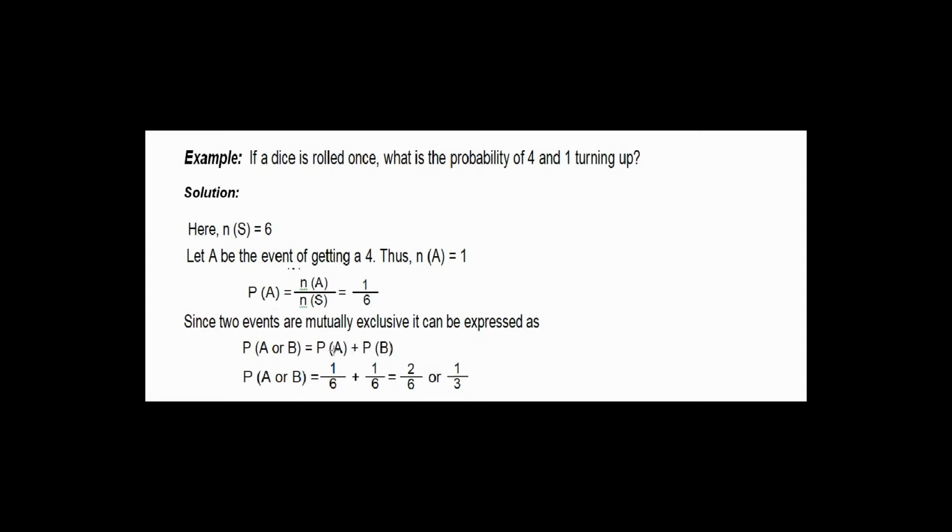Therefore, we get 1/6 for the 4 and 1/6 for the 1, which is equal to 2 over 6 or 1/3, or 33.33% probability.